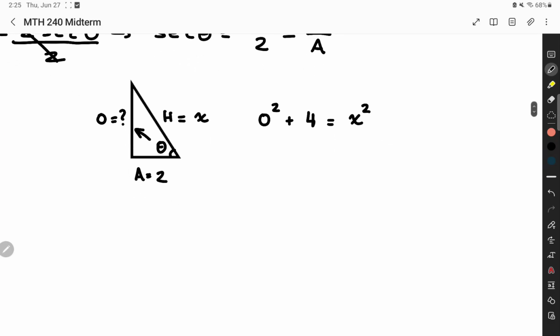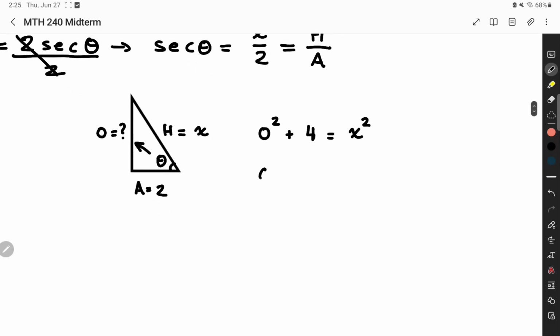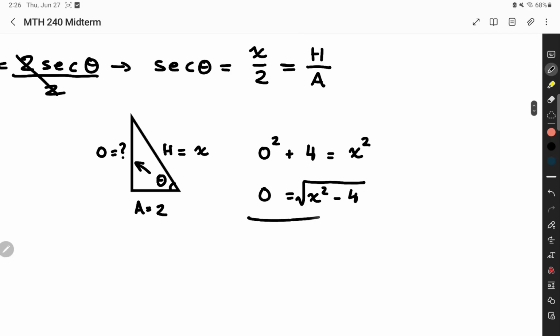All we have to do is do some rearranging. So that means we have O squared equal to x squared minus 4. And then we take the square root. And just like that, we have found our opposite. This is what our opposite is equal to.